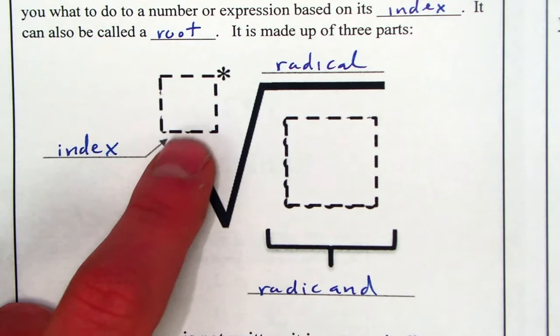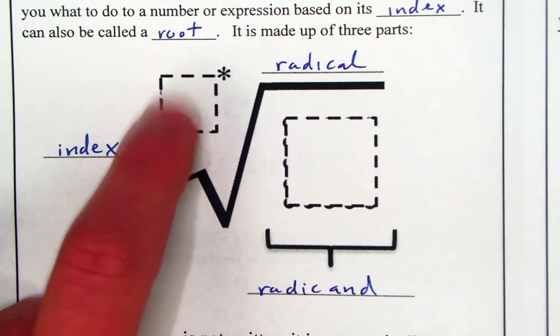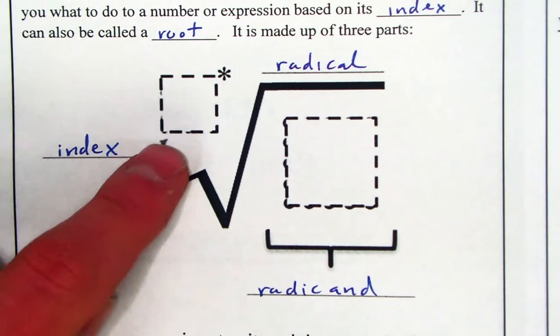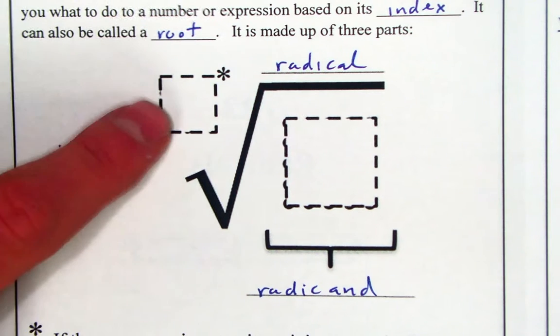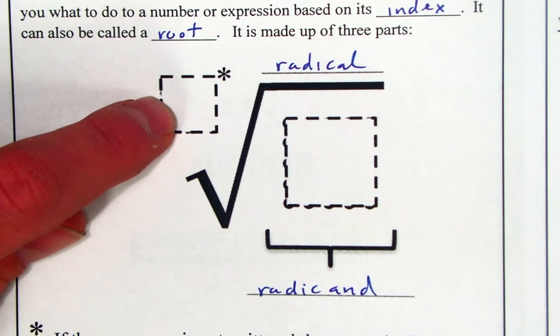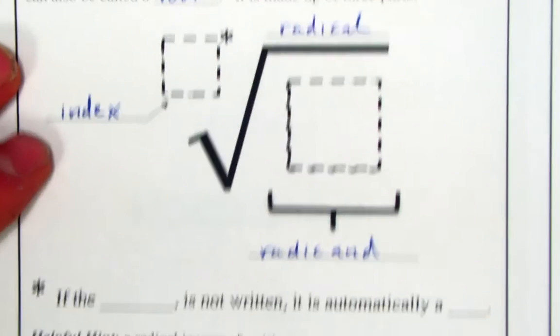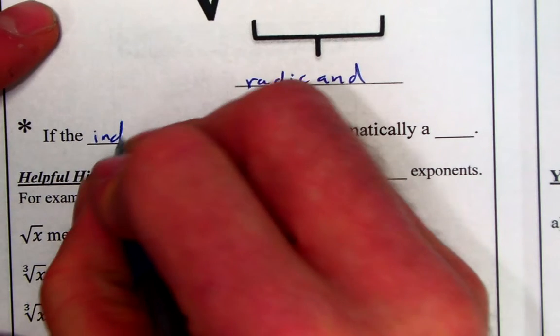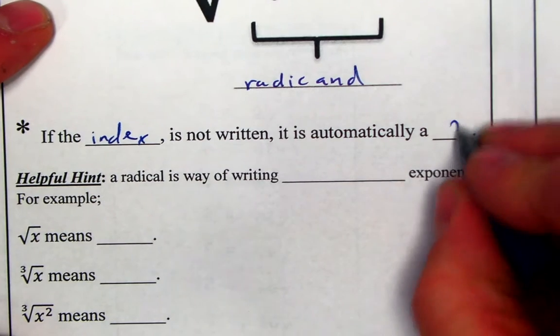Now when we take a square root, we don't write a 2 here, because the square root's the most common. So we don't write the 2. But if it's a cube root, the index is 3. It's the type of root. Okay, and we'll see an example of this in a moment. Now if the index isn't written, then it's automatically a 2.